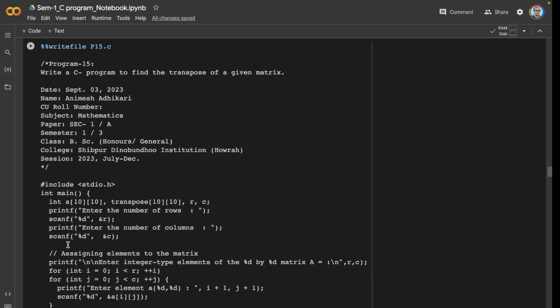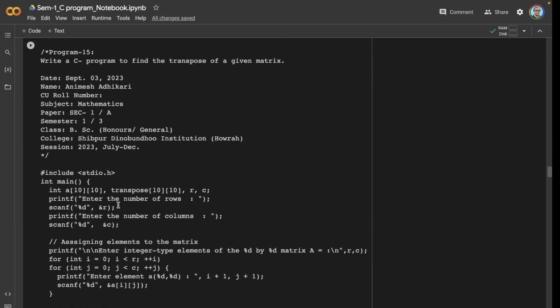Problem 15, let us see a program to find the transpose of a given matrix. We use an integer matrix a, a two-dimensional array 10 by 10, transpose is also a two-dimensional array 10 by 10, and r and c are integer variables for row and column.